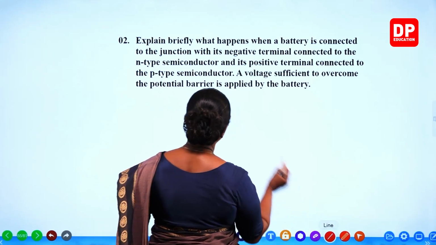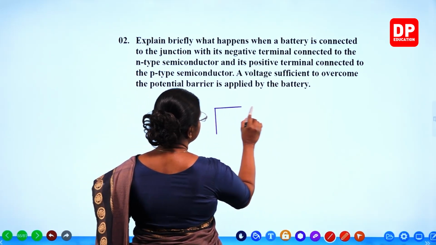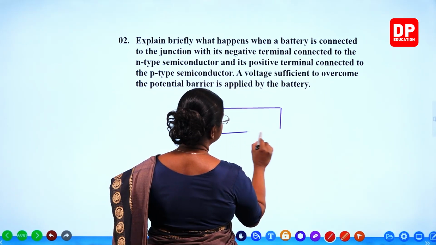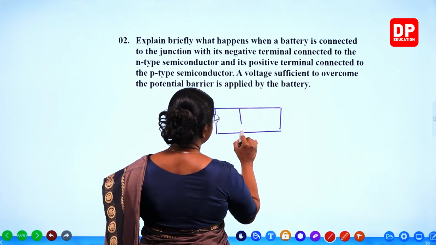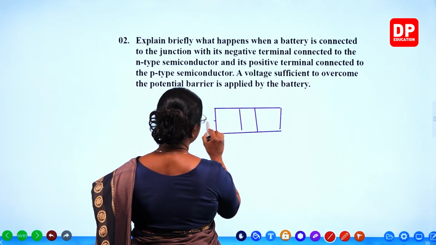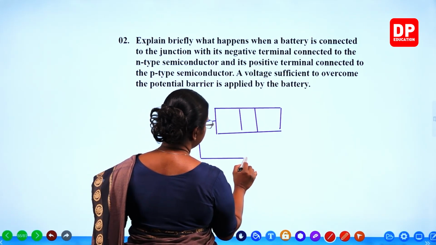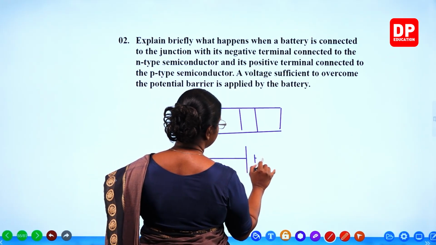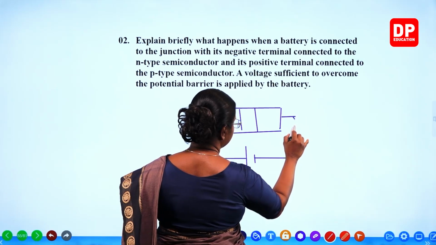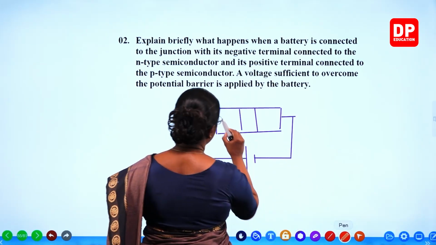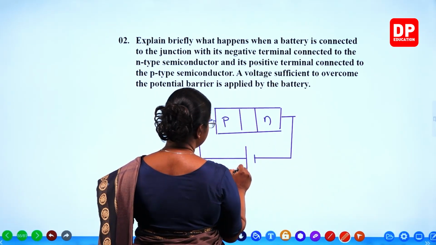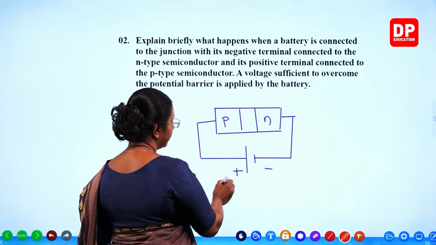So here, what do we do? We have the PN junction there with the depletion layer, and then we connect the batteries like that. So P, N, this is the positive and negative terminal.